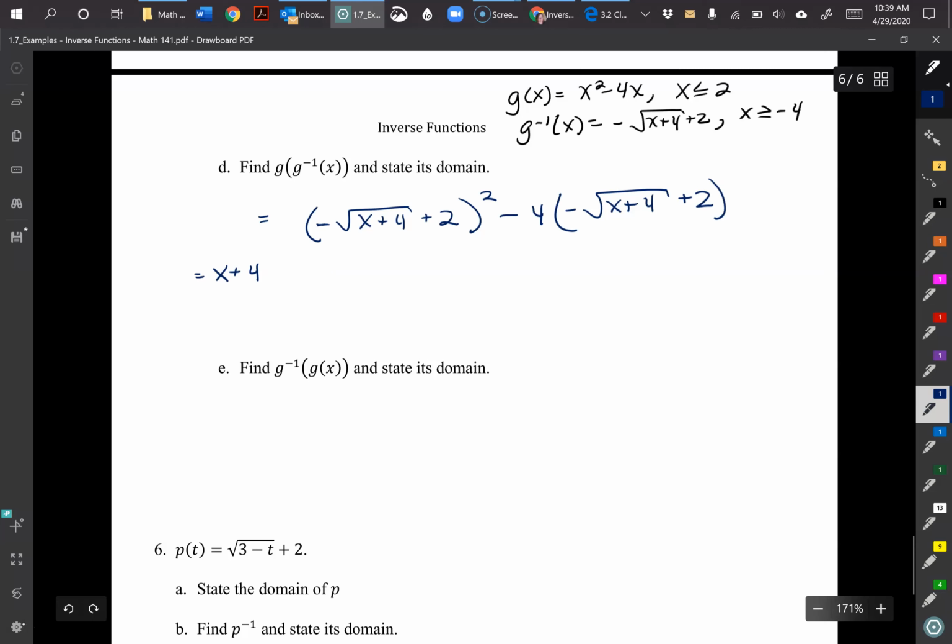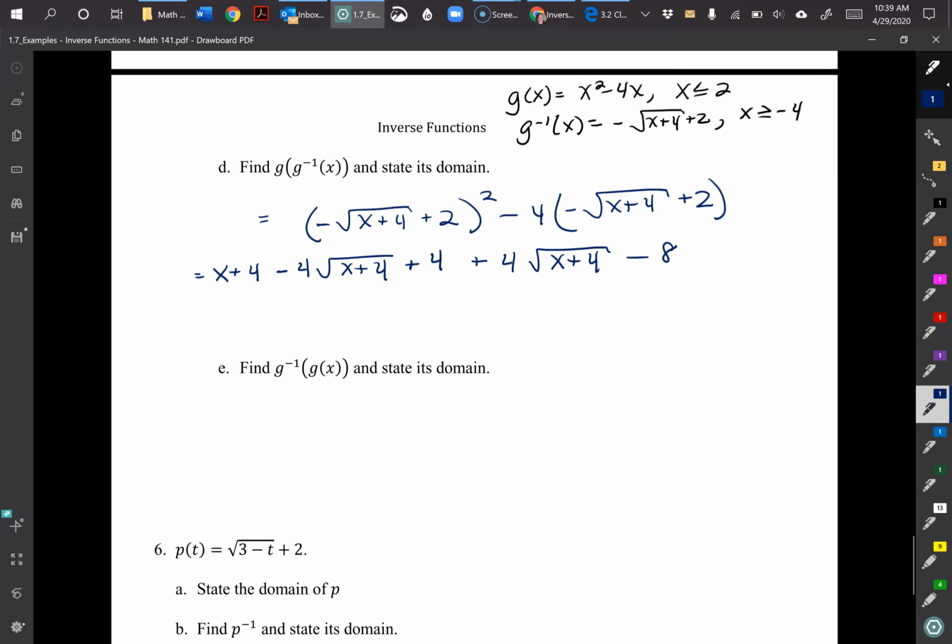Then if I multiply these two together, negative square root of x plus 4 times 2, and then double it, I get minus 4 square root of x plus 4. And then square the last one, so I get plus 4. Now here, I'm going to distribute, so I get a plus 4 square root of x plus 4 from the negative times a negative, and then a minus 8.